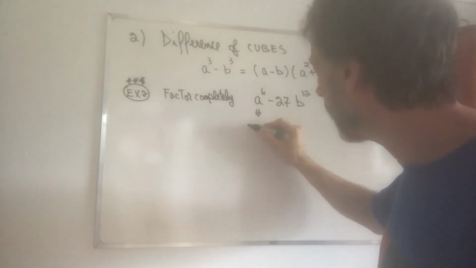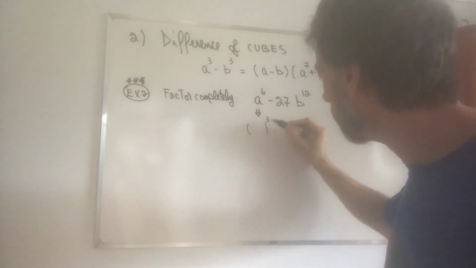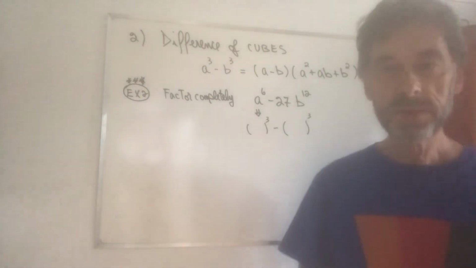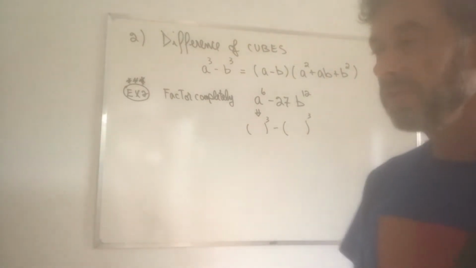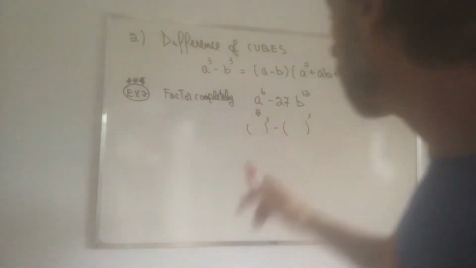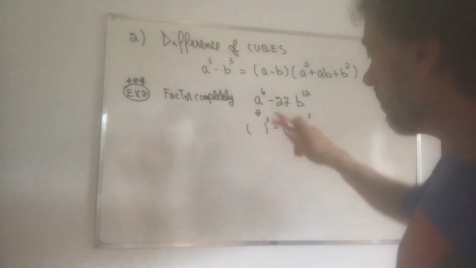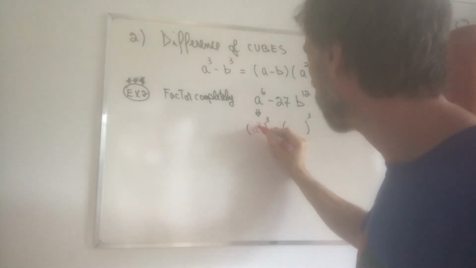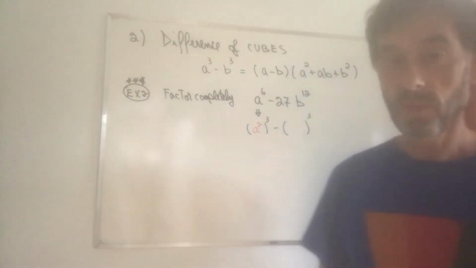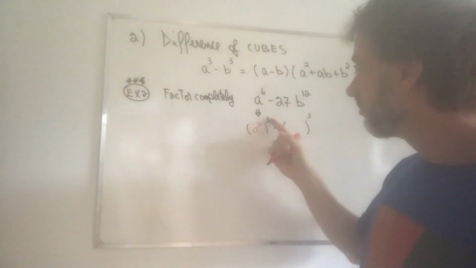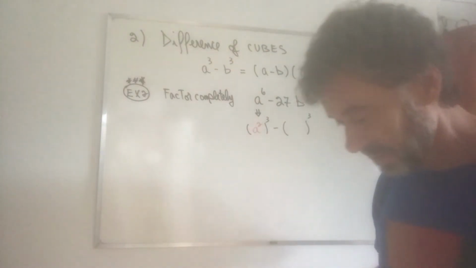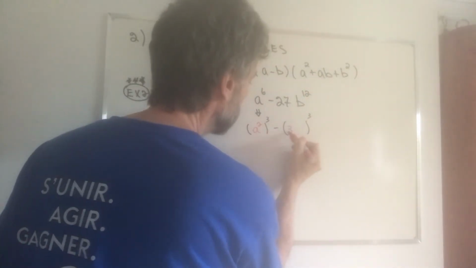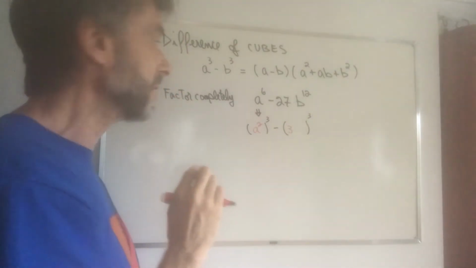So the challenge is to come up with what goes into these brackets once they're affected with the power of 3. So a^6 must be written as something to the power of 3. Shall we say a squared? Once again, why? Because exponents are multiplied to each other, so 2 times 3 is 6. As for the 27, we already discussed that 3 to the power of 3 is 27.